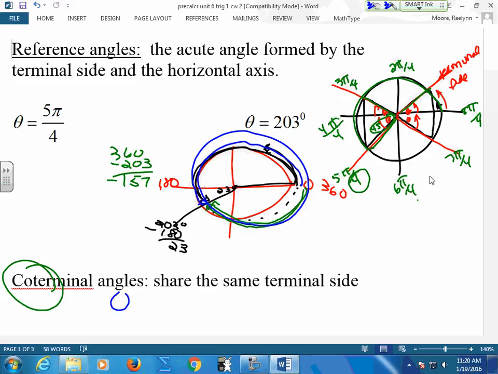So to do coterminal angles, we take the angle plus or minus 360 degrees. If we do it in radians, we have the angle plus or minus what? 2 pi. Good. 2 pi is the same as 360. Sometimes they will ask for a negative coterminal angle, sometimes a positive one. And we saw that in Algebra 2 as well.